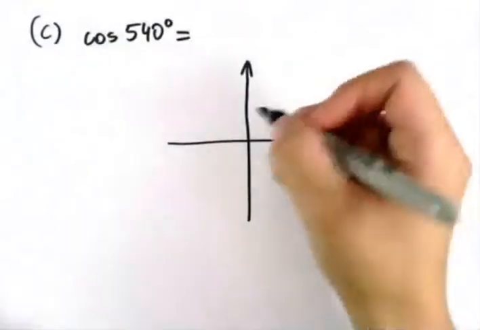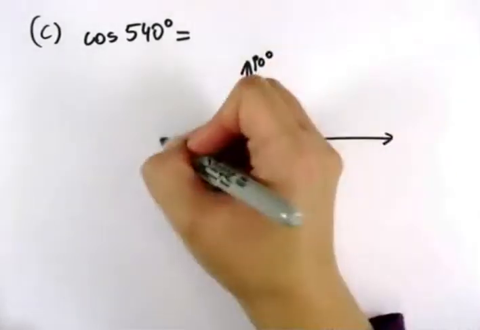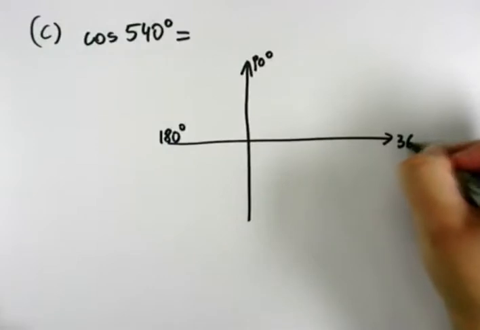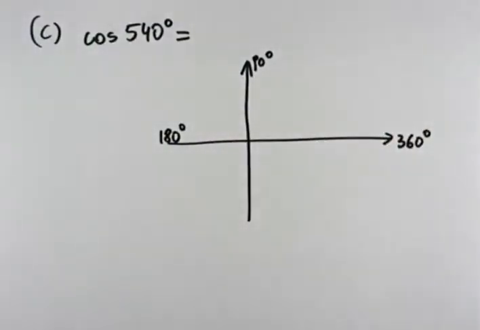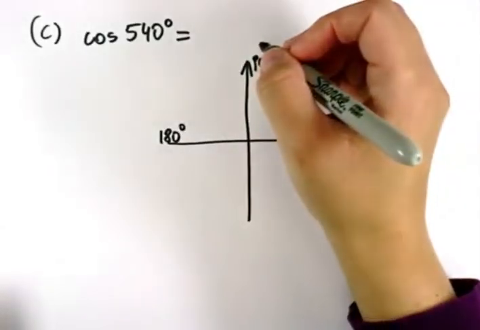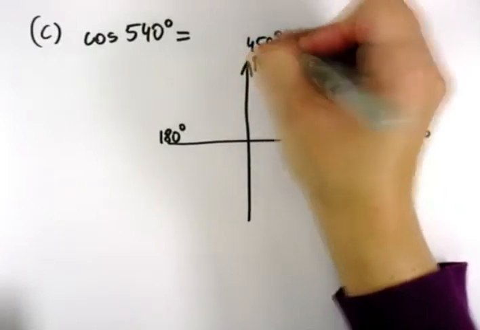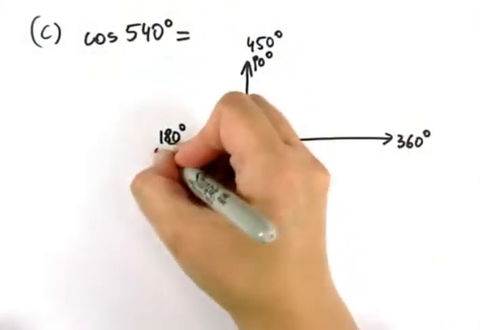Okay, so if we start from here, 90 degrees, 180, then we go further, it's 360, and if we go 360 plus 90, 360 plus 90 is 450, and plus 90 is 540.